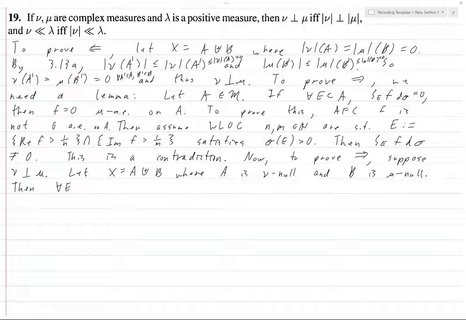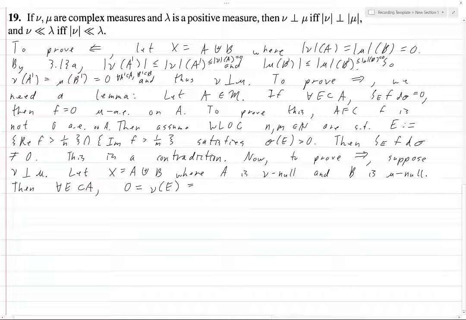By norm I mean absolute variation, total variation. Okay. So, then, for all E which is a subset of A, 0 is equal to nu of E. That we already know, because E is a subset of A and A is nu null.